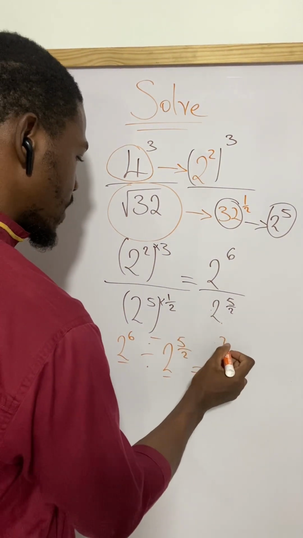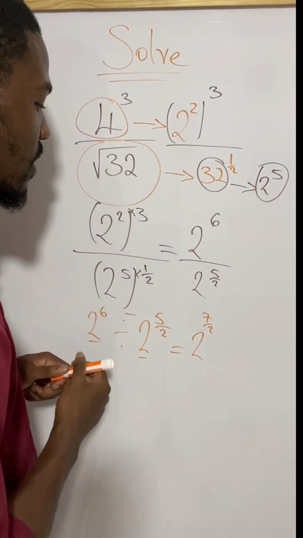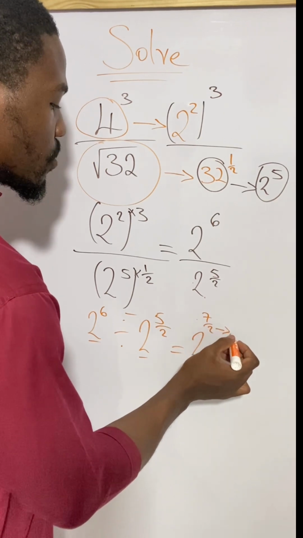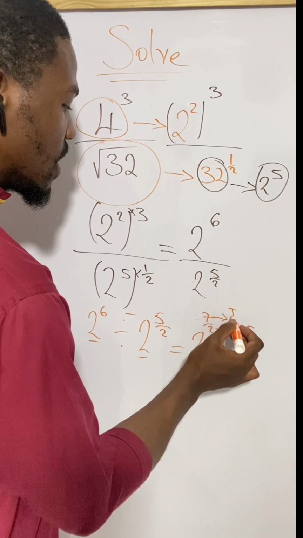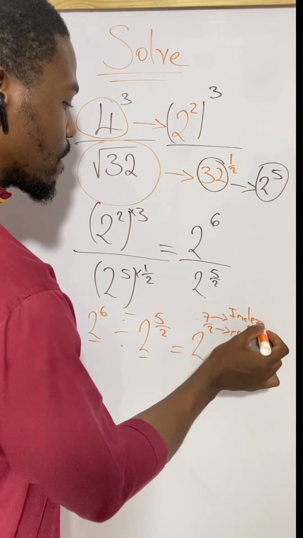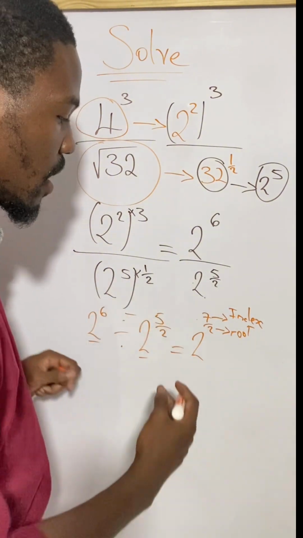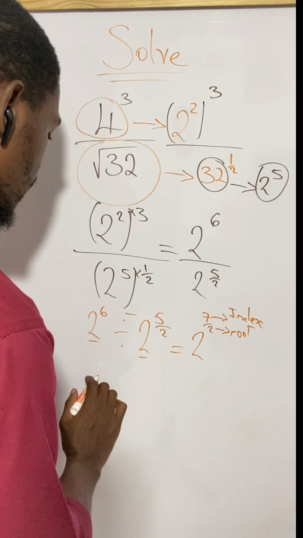Understanding that the bottom number is the root and the top number is the index or the power, we can further establish this as 2 to the power of 7.